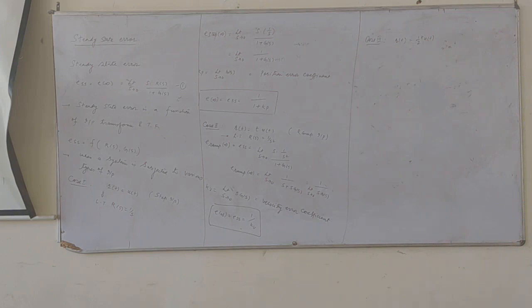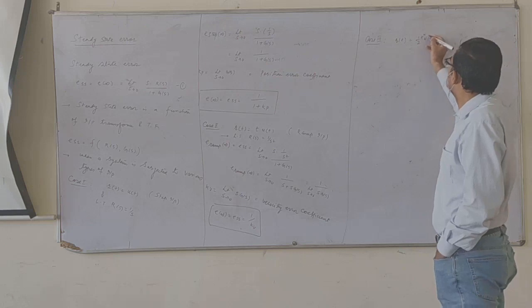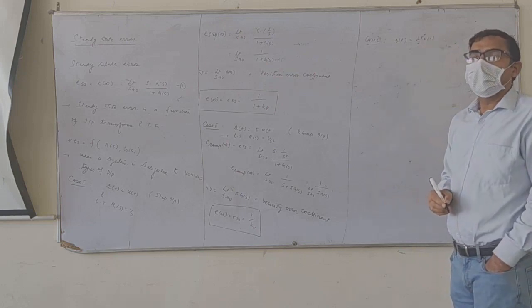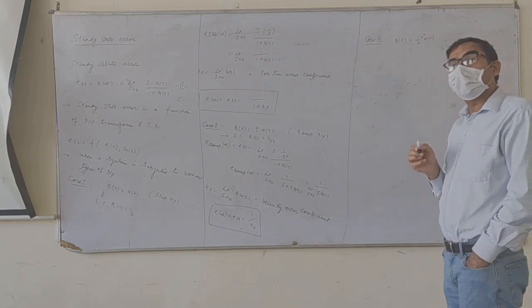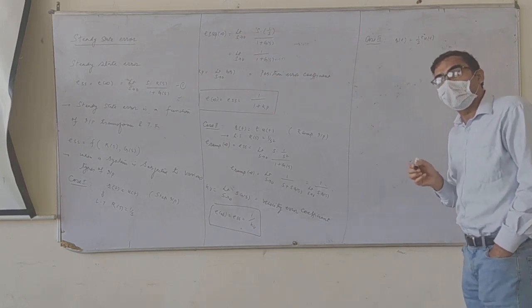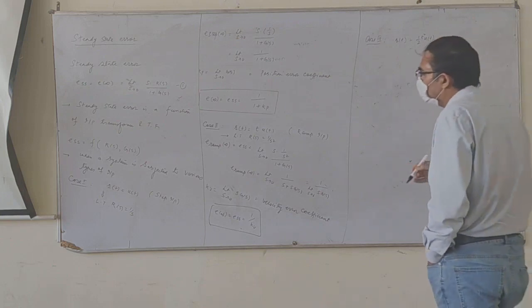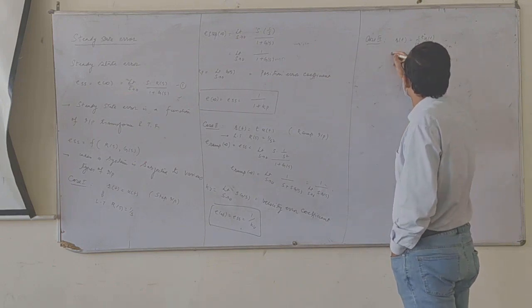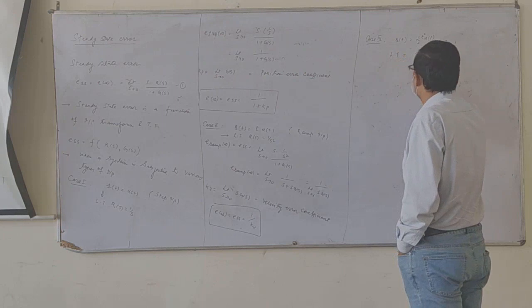Sometimes it is manipulated: if t square u of t is given without the half, you have to manipulate it, multiply by 2 and divide by 2. The standard term is half of t square u of t. Then if you take the Laplace transform of the same, the Laplace transform will be 1 by s cube.